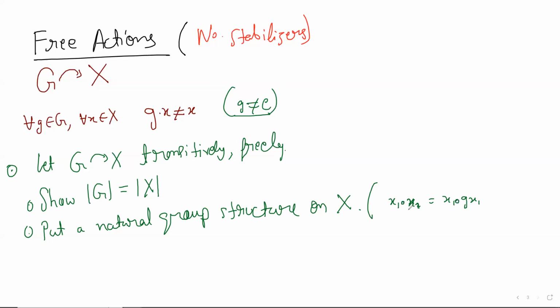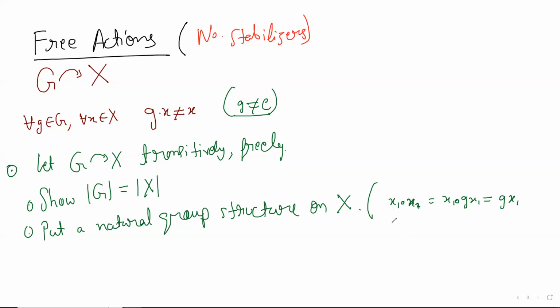There are two elements in this set, and we want to understand how you will define this multiplication. What should you return? You have to return an element of X again. I will just return g dot x1.